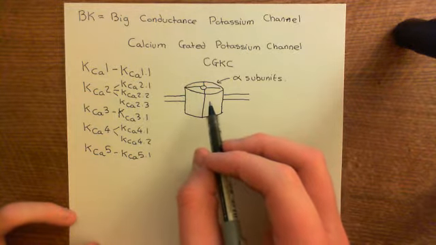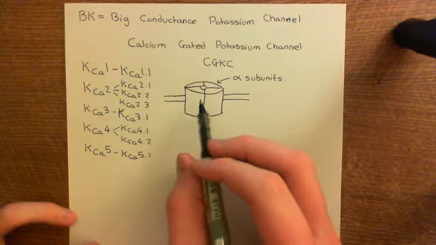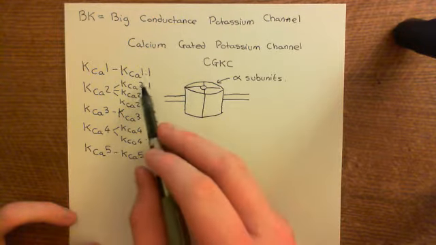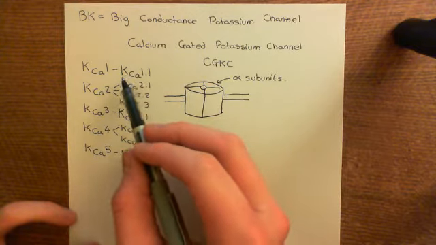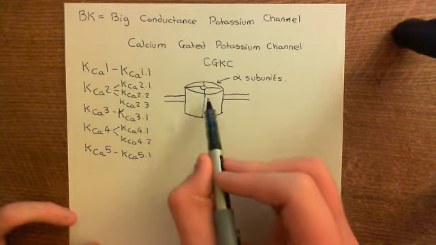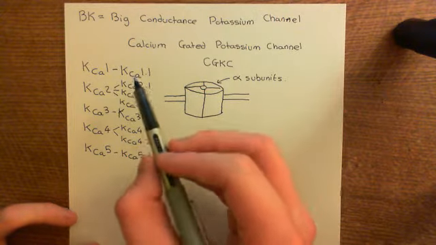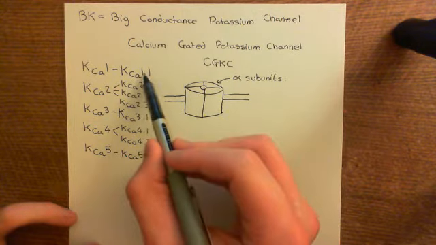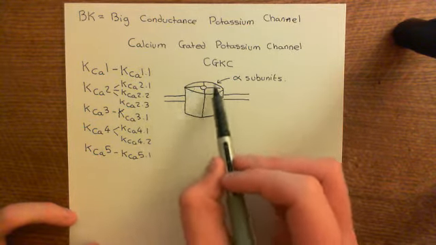Now, the question then turns to how can you actually construct calcium-gated potassium channels from this? Do you take one gene, use that 4 times to make 4 identical alpha subunits, stick those together, and that's your calcium-gated potassium channel? Or can you mix and match? Can you, for instance, take some of this gene, some of this gene, and some of this gene, and make mixed alpha subunits?